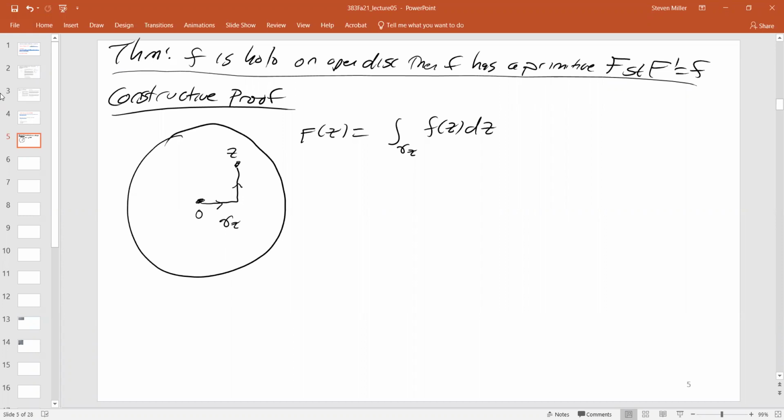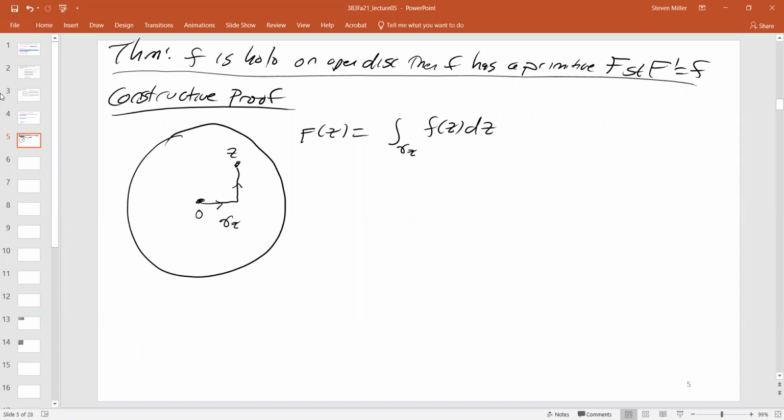Why? Well, Cauchy's theorem says if you integrate along a closed curve, you get 0. If I took any other path and run it backwards, I would then get a closed curve. And if the closed curve then integrates to 0, that means integrating along gamma of z is the same as integrating over the other path, and it would be path independent. So immediate consequence of this would be any other path should give us the same answer.